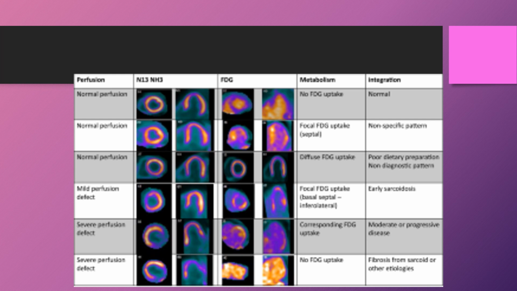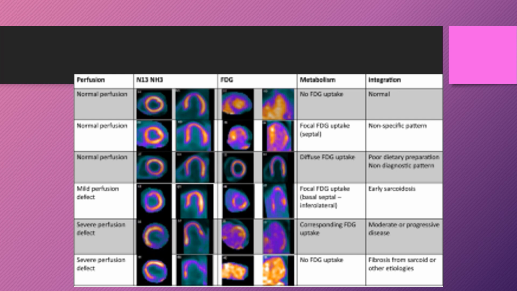And then the fourth row has a mild perfusion defect, and the FDG uptake is focal in that area, kind of matching or mismatching, I guess, where that uptake is. It's showing up as focal uptake in the area of the defect. That's early sarcoidosis.